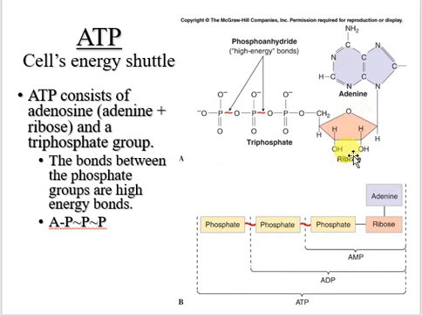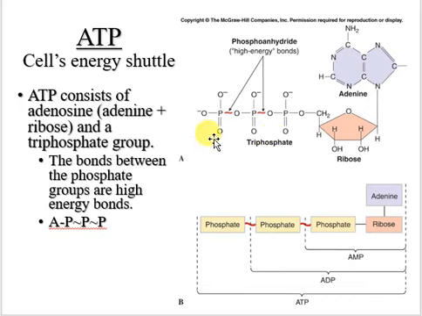Because it has the ribose sugar that has three phosphate groups attached to it, hence the reason why it's a triphosphate molecule. It's called adenosine triphosphate because it has the adenine nitrogenous base attached to the ribose sugar.